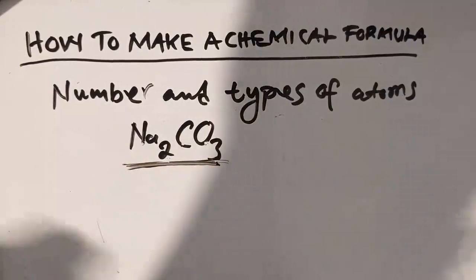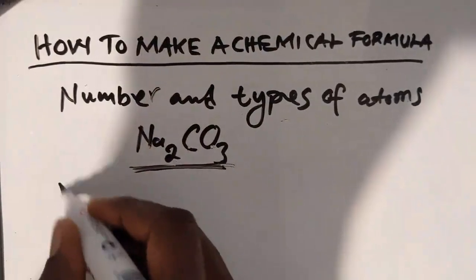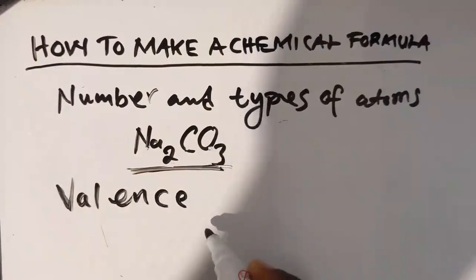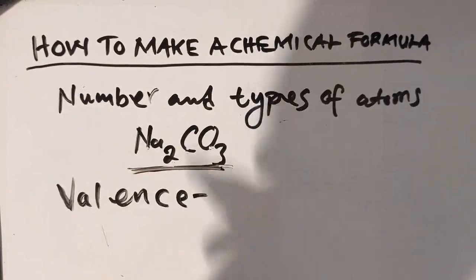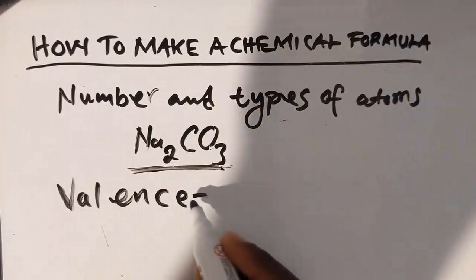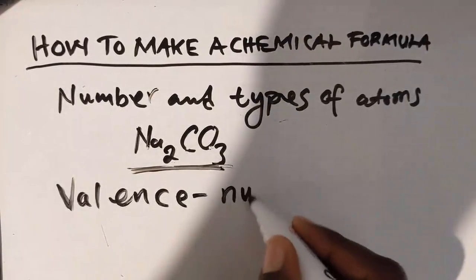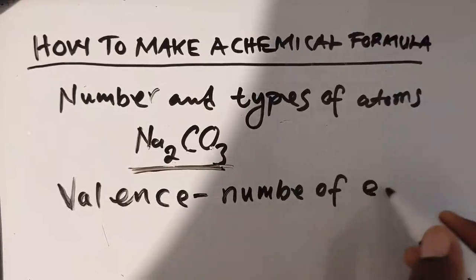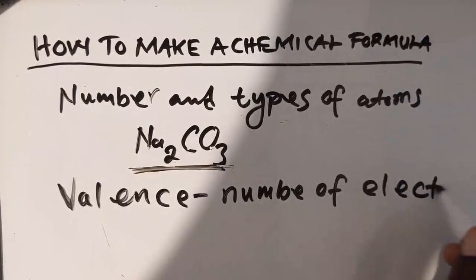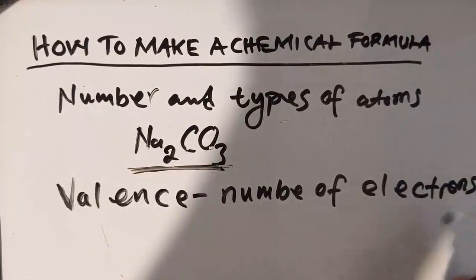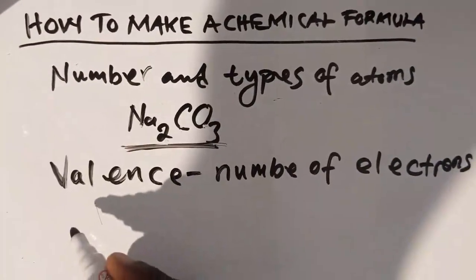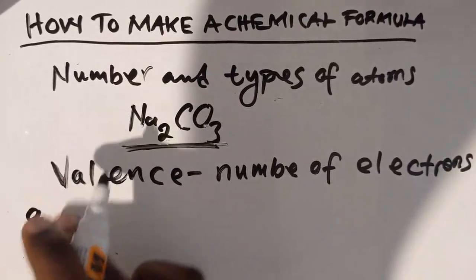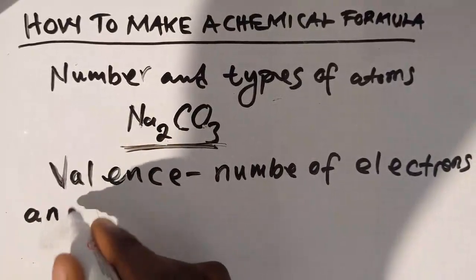The valence number is the number of electrons an atom can share.